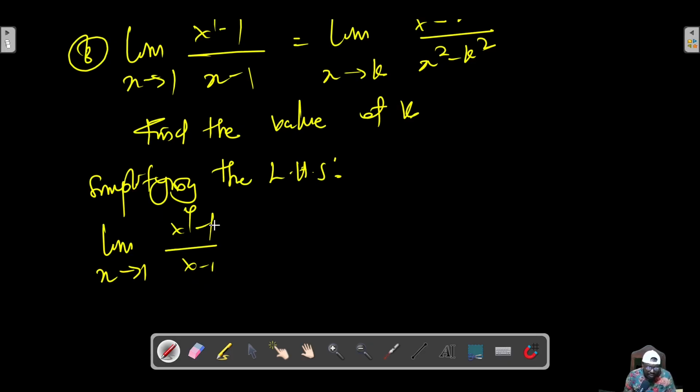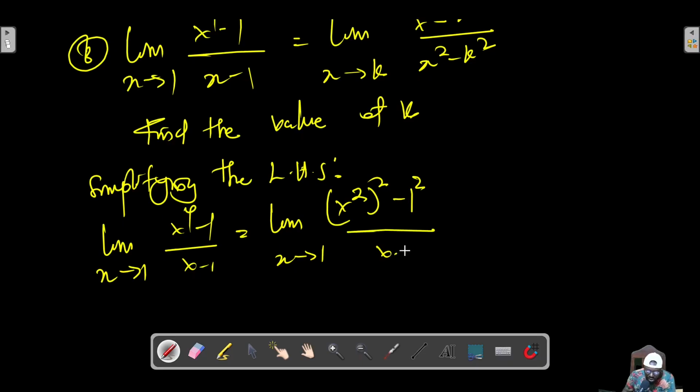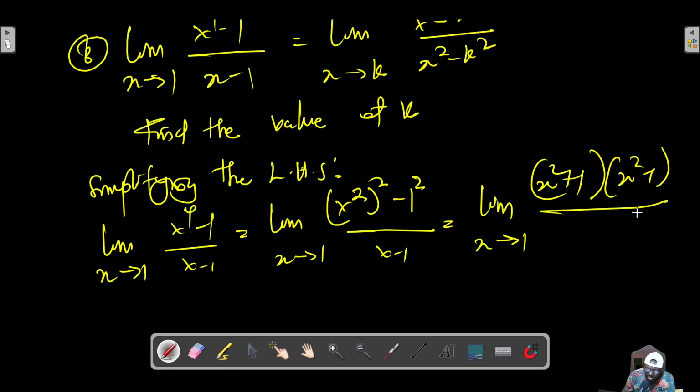Now we can factorize the numerator simply. You can write the numerator as a difference of two squares: x squared all squared minus 1 squared all on x minus 1. So we get the limit as x is approaching 1 of x squared plus 1 in parentheses multiplying x squared minus 1 in parentheses all on x minus 1.